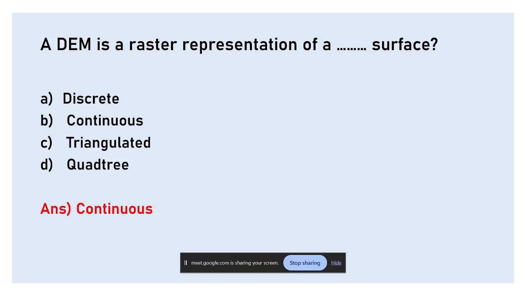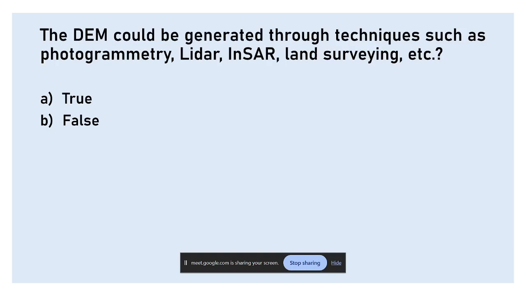The answer is continuous. So it's a raster representation of a continuous surface. The next statement: the DEM could be generated through techniques such as photogrammetry, lidar, InSAR, land surveying, etc. Is this true or false?